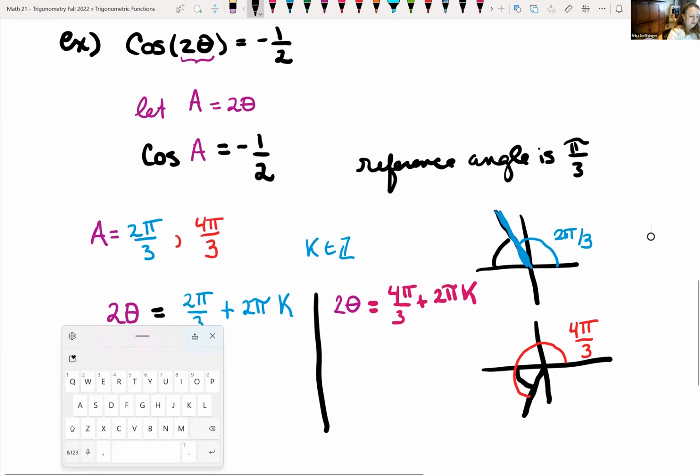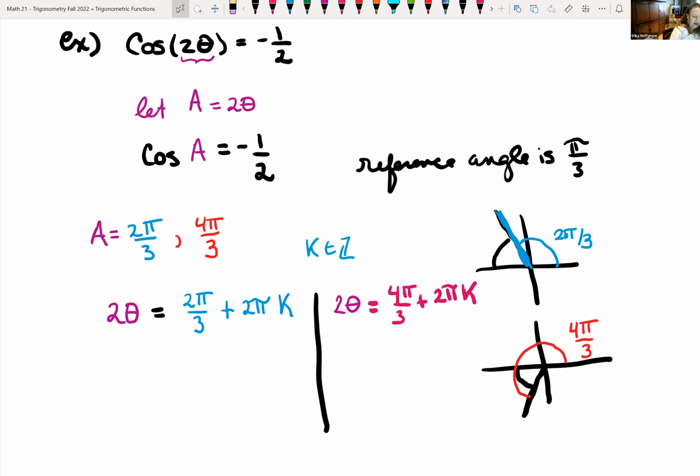So I could solve for theta in that first equation, 2 theta equals 2 pi thirds plus 2 pi k. By dividing by 2, I notice I have fractions in there. So to me, it would be easier if I just multiply both sides by 1/2. Let's distribute the 1/2 on the one side and simplify.